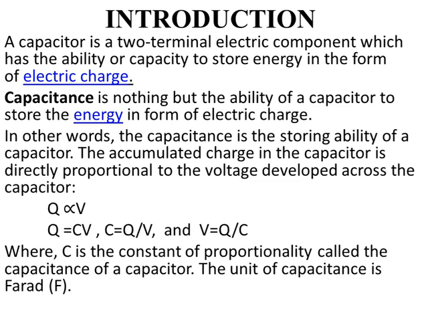Now, the charge that is being stored, the accumulated charge in the capacitor, is directly proportional to the voltage across the capacitor. And that is where the formula Q is directly proportional to V comes in. Now remember when we had Ohm's law, we said that our V is directly proportional to I. Then we incorporated a constant of proportionality, which was capital letter R. Now the same thing applies here.